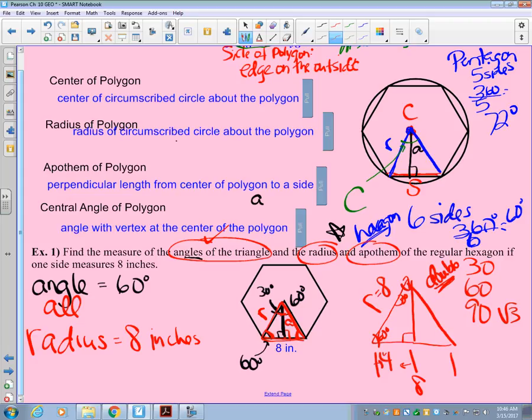All right, we've already used this property of double for our 30, 60, 90 triangle. Now we're going to use the root 3 property to find the apothem. So what would the apothem be if your short side is 4? 12. Root 3.